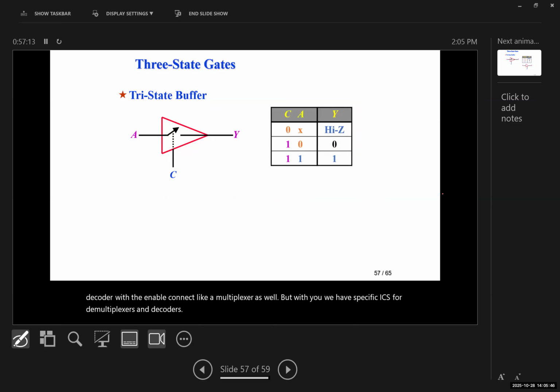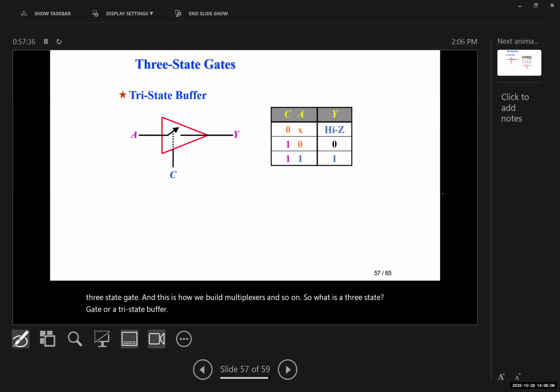Now, the basis of all of these, and how we build these multiplexers, is a device called the tri-state buffer, or what we call the three-state gate. And this is how we build multiplexers and so on. So what is a three-state gate or a tri-state buffer?